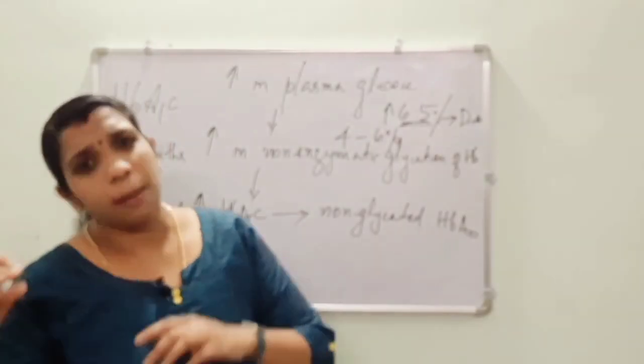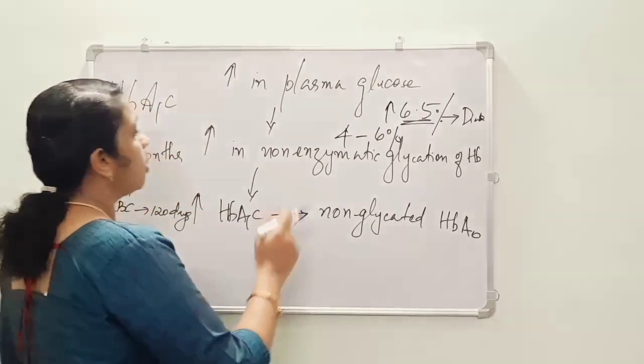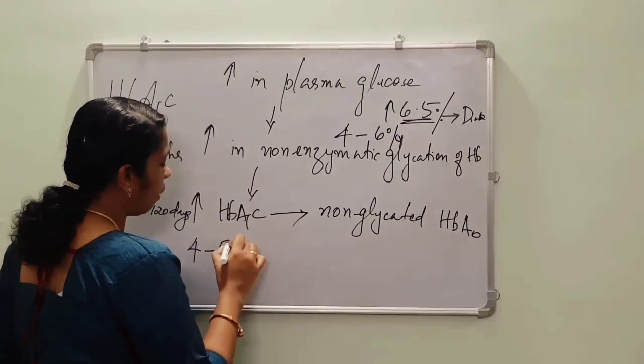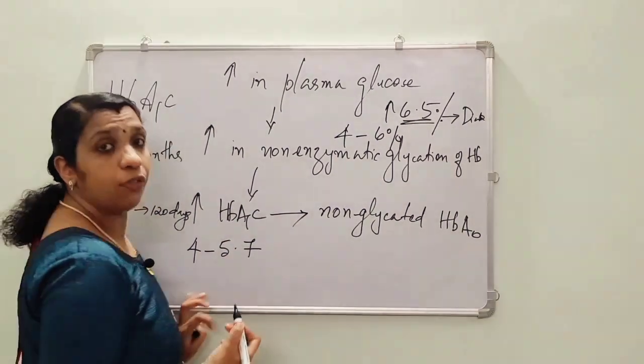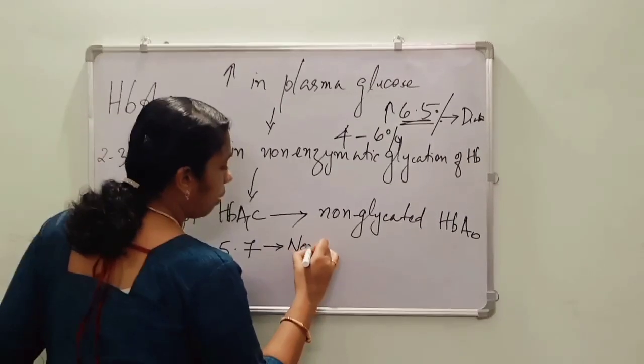According to some other texts and articles, when the HbA1c is between 4 and 5.7, the patient is non-diabetic.